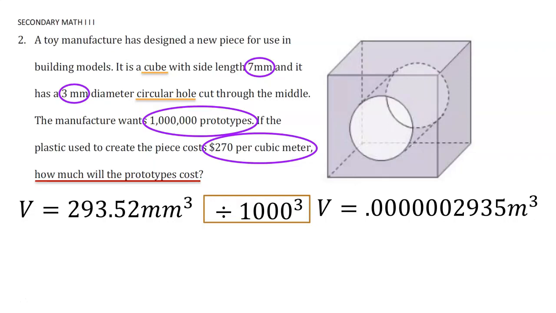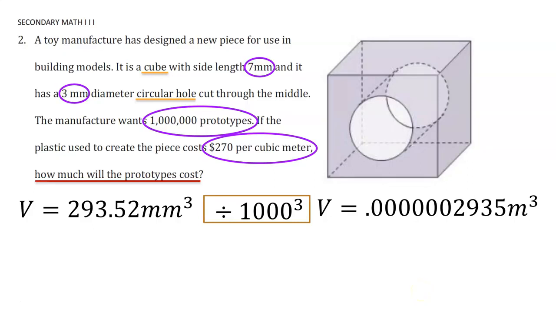Now that we understand how unit conversions work, let's return to our problem. If we found the volume in cubic millimeters, we can divide by 1,000 to the 3rd power to find the volume in cubic meters. This gives us the volume of one of these toy pieces. But we need to find the volume of 1 million toy pieces so that we can know how much material in total is needed by the toy company.